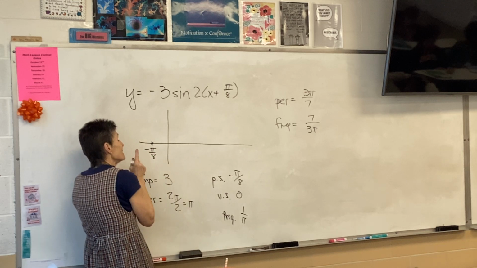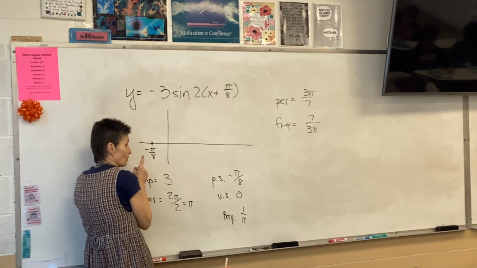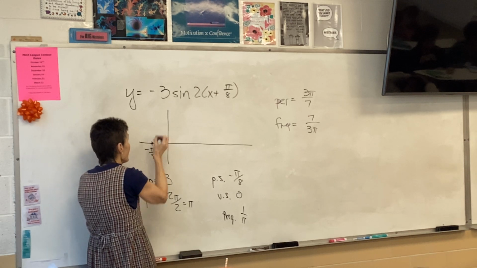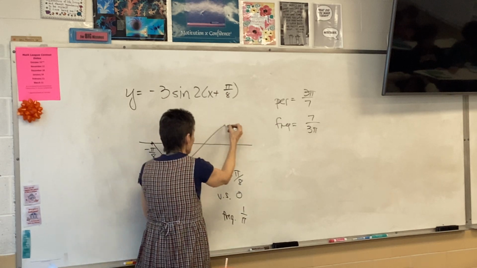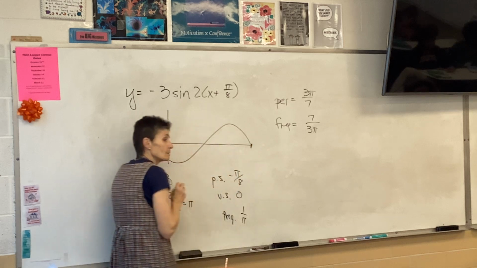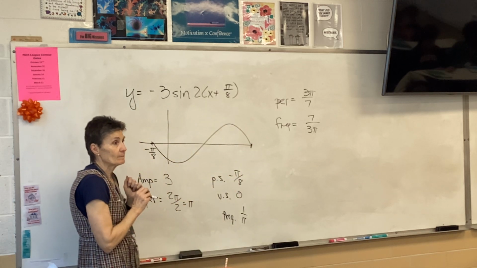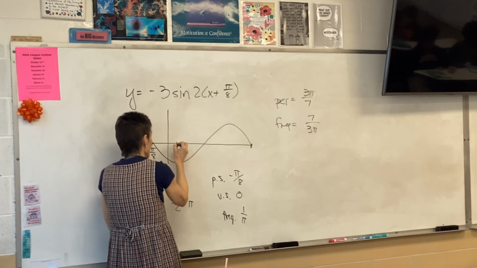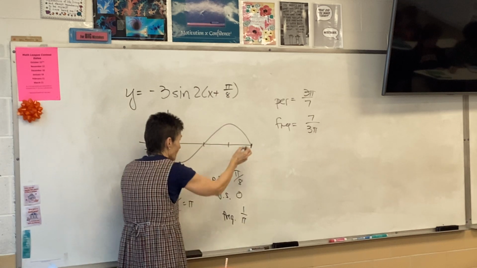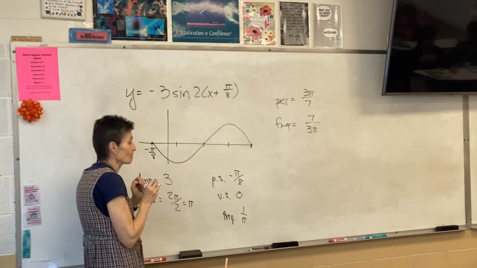It is a negative sine curve. All right? So a negative sine curve is going to go down and then up. And now I need to know all of these important points. The right point, 7 pi over 8.